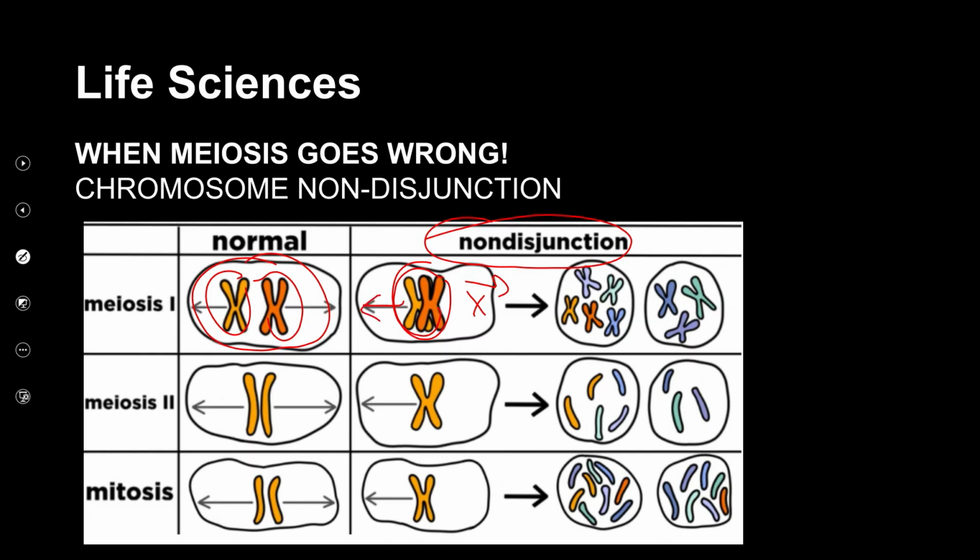If this cell then fertilizes, you'll end up with a cell having an extra copy of that chromosome, which means an abnormal number of chromosomes. We also know that if the cell that has not received the chromosome fertilizes, there would be a chromosome missing in that cell.